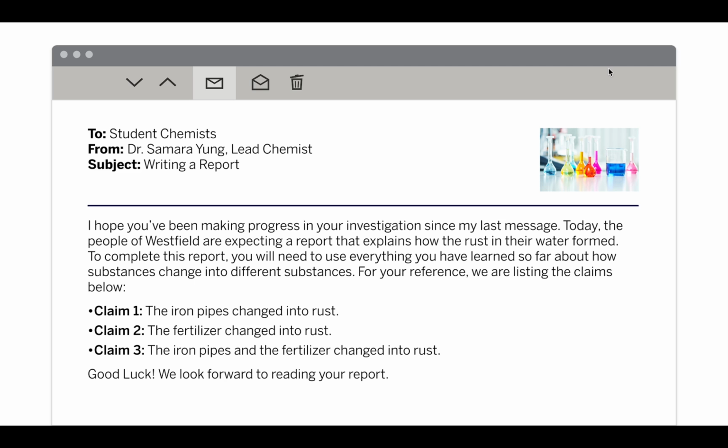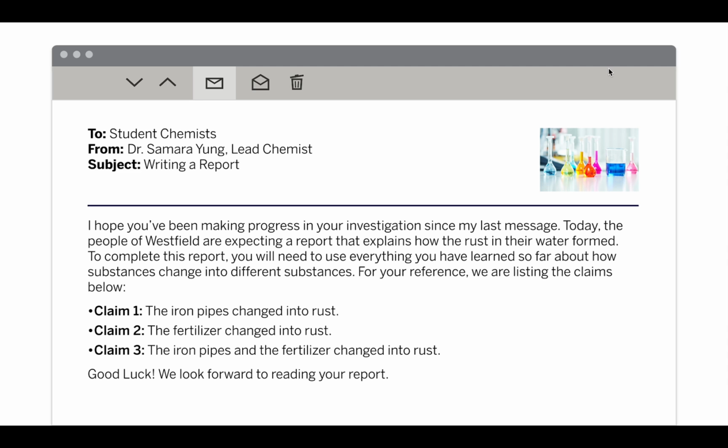Claim number 1, remember, says that the iron pipes all by themselves changed into rust. So there was a chemical reaction in the iron pipes, and that formed the rust. Claim number 2 says that the fertilizer had some sort of chemical reaction and changed into the rust. And claim number 3 said that the iron pipes and the fertilizer had a chemical reaction, and the product was the rust.